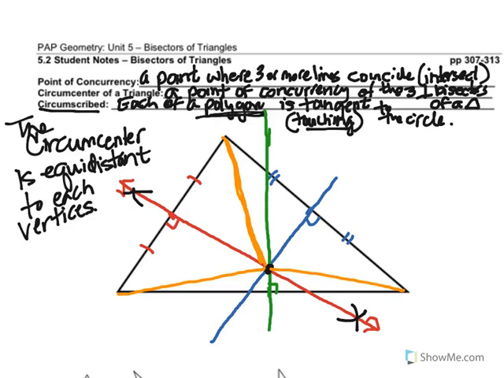Now, if I were to circumscribe this triangle, meaning if we were to draw a circle around it, we'd take our compass and put it at the circumcenter, and we would measure over to the distance of one of the vertices, and then keeping our compass at that exact distance, we could draw a circle and it would come around like so and touch each of the vertices.